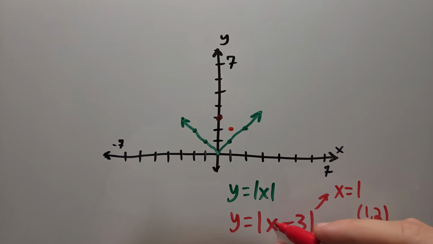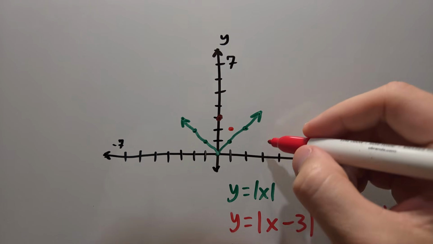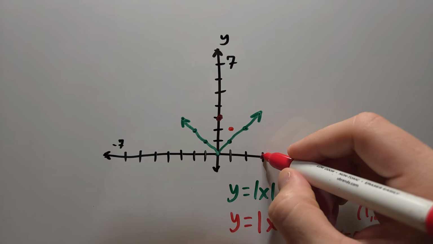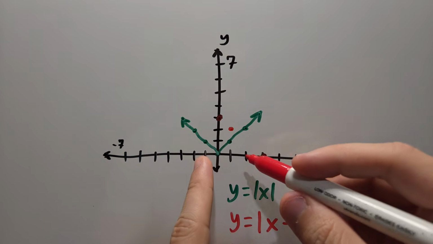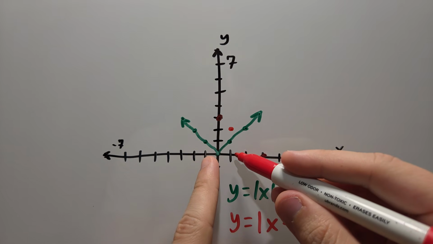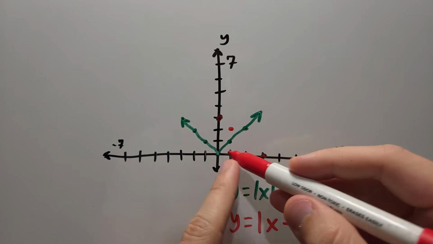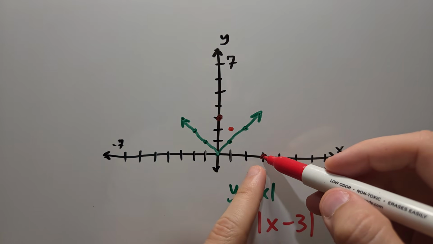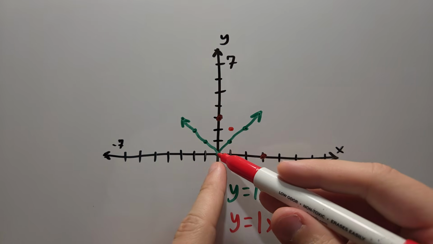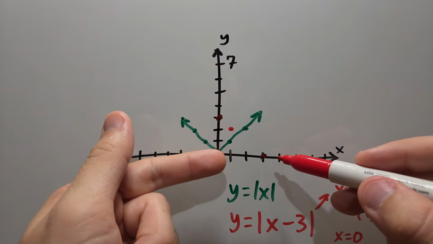Let's plug in 3 and see what happens. 3 minus 3 is 0. Absolute value of that is 0. So my graph is down here. This graph is now 3 units shifted to the right. So that bottom point now is no longer at the origin, it's now 3 units this way.